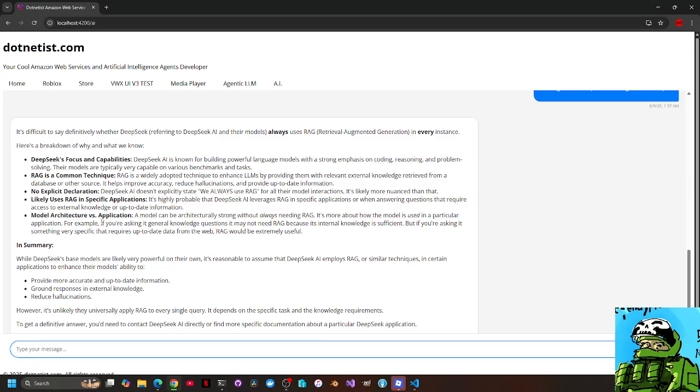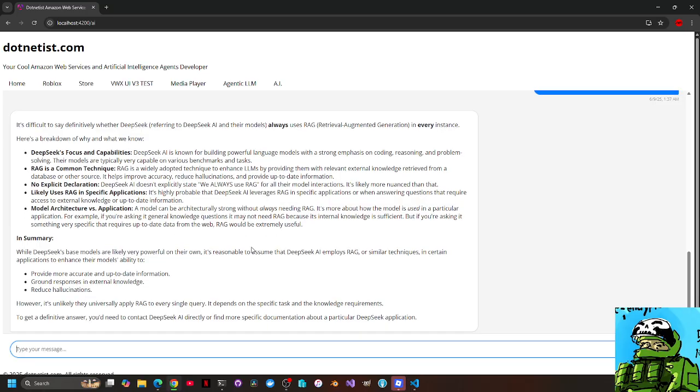Model architecture versus application. A model can be architecturally strong without always needing RAG. It's more about how the model is used in a particular application. For example, if you're asking it general knowledge questions, it may not need RAG because its internal knowledge is sufficient. But if you're asking it something very specific that requires up-to-date data from the web, RAG would be extremely useful.